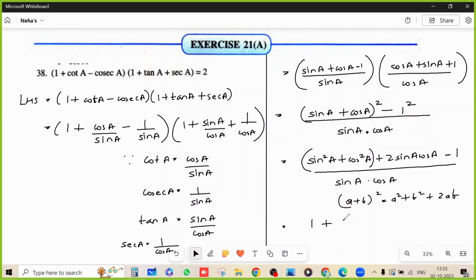So this will become 1 plus 2 sine A cos A minus 1 divided by sine A cos A. 1 minus 1 will get cancelled out. We are left with 2 sine A cos A divided by sine A cos A. Sine A cos A will get cancelled out with sine A cos A, and we are just left with number 2, which is equal to the right hand side, and hence we have proved.